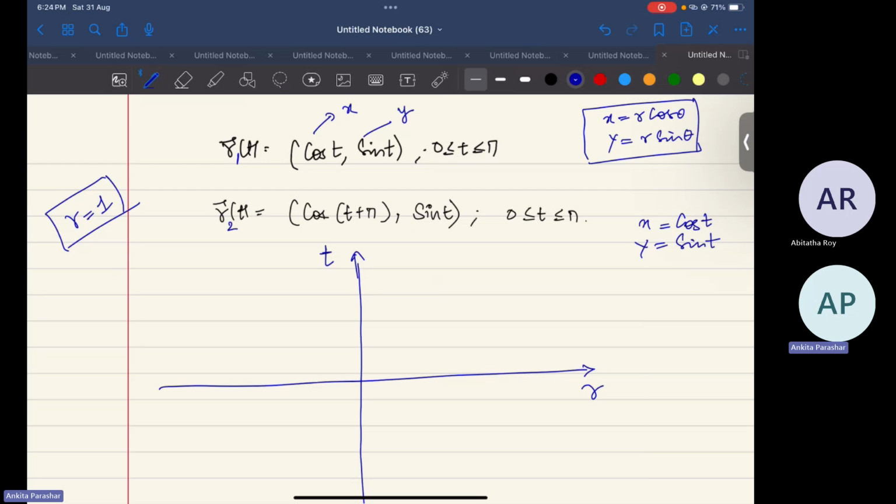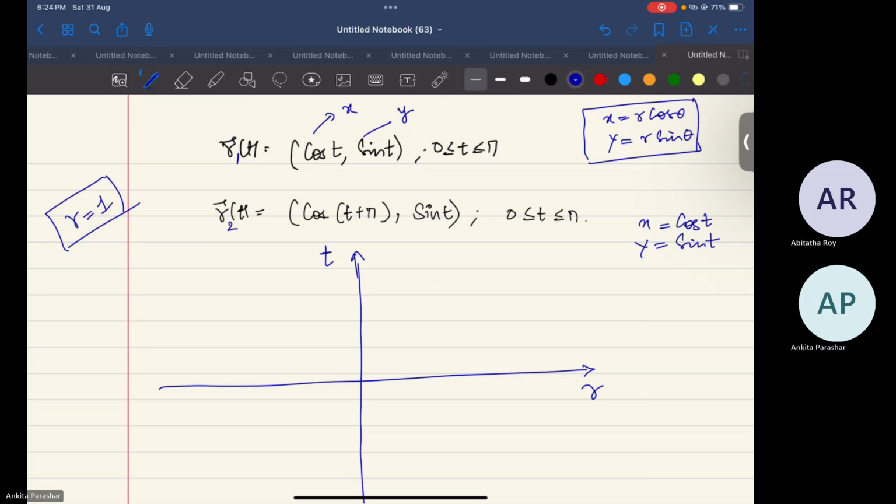This is the first information you have. Angle is 0 to pi. So can you tell me from where to where is the circle? In the upper half of the circle. It's an upper semicircle, yeah.